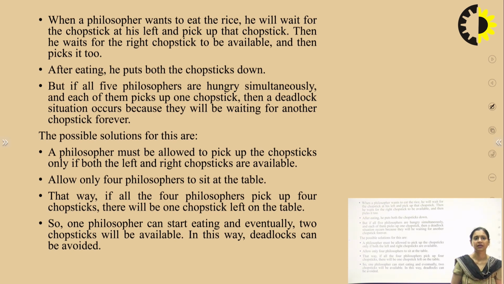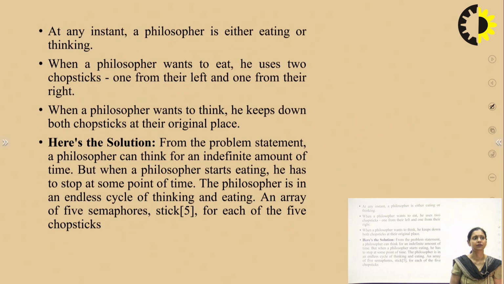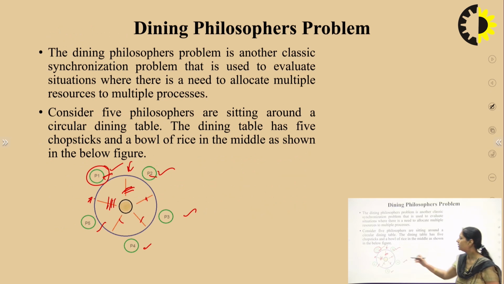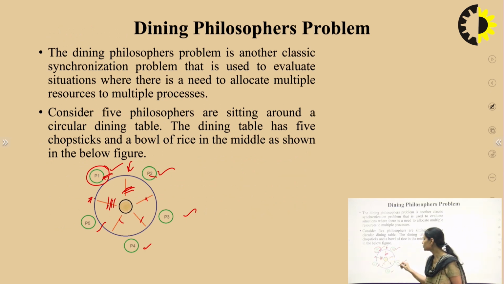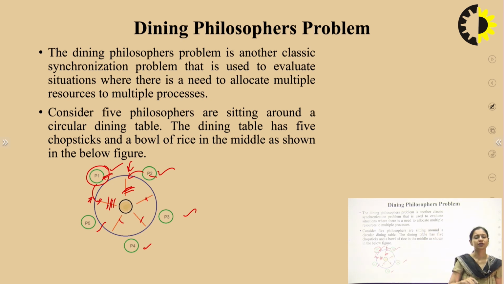Now here a problem exists. Suppose all the processes want to enter the eating state in one go, and they start accessing their left chopstick. Now each and every process will be holding their left chopstick and no process will be left with the right chopstick.